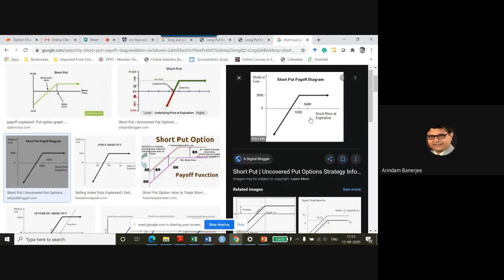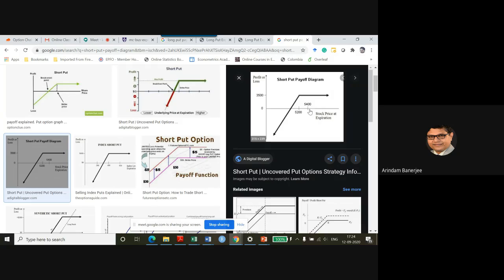Suppose I am a put seller. If I am a put seller and if the price moves up, will the buyer exercise? Buyer will not exercise. When the buyer will not exercise, the premium which he paid earlier, I will keep with myself as a seller. So my maximum profit is the premium which I received while selling the put.